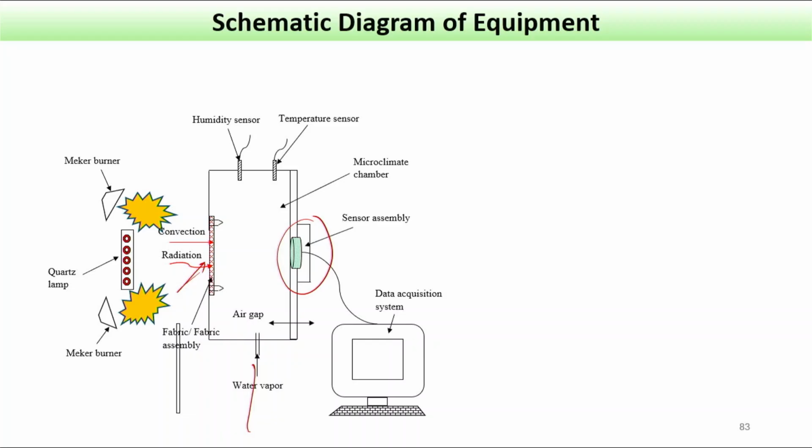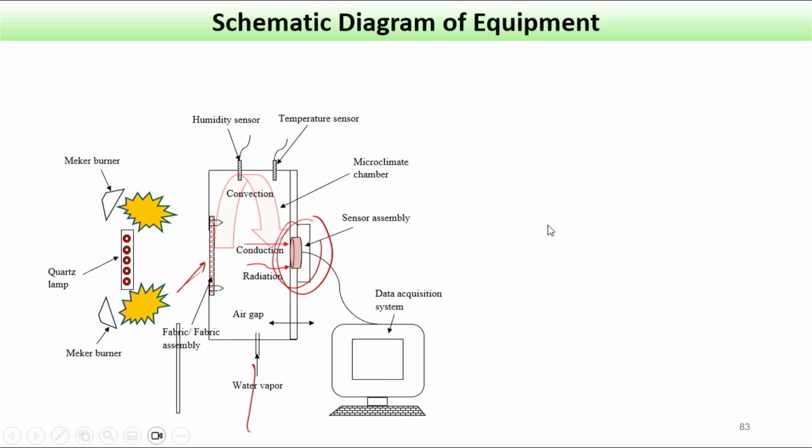Convective and radiant heat comes to the fabric surface, and then heat is transmitted, and the calorimeter receives the heat, which is used to calculate the second degree burn.